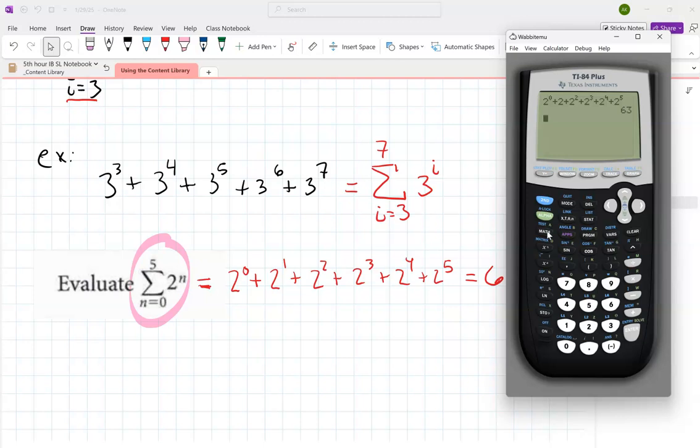So to do this, I'm going to press the math button, and I'm going to scroll down to the bottom. What I'm looking for is the summation command. So I'll press enter there. And now I'm just going to make what's on my calculator look like what's down here, except instead of using n for my index, I'm just going to use the x.